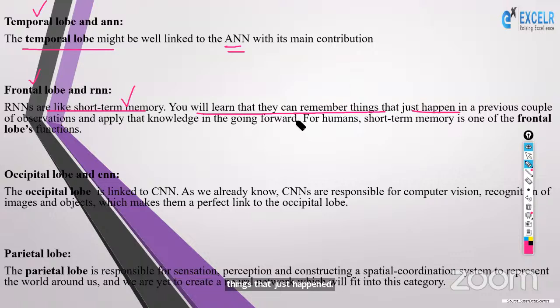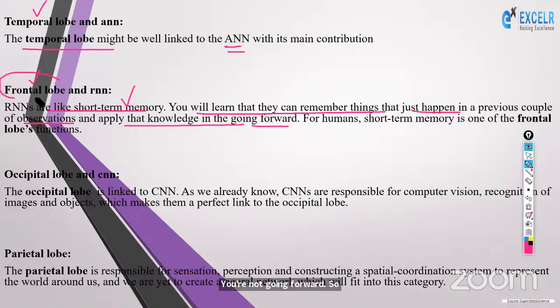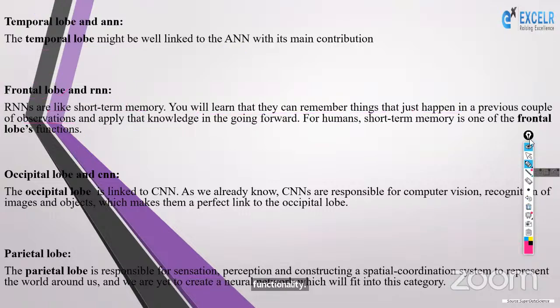With the same concept, the RNN is designed: it takes a couple of previous observations and applies that learning going forward. So in our human brain, we have a frontal lobe that performs the similar functionality, and in deep learning architecture, we have the RNN, recurrent neural network.